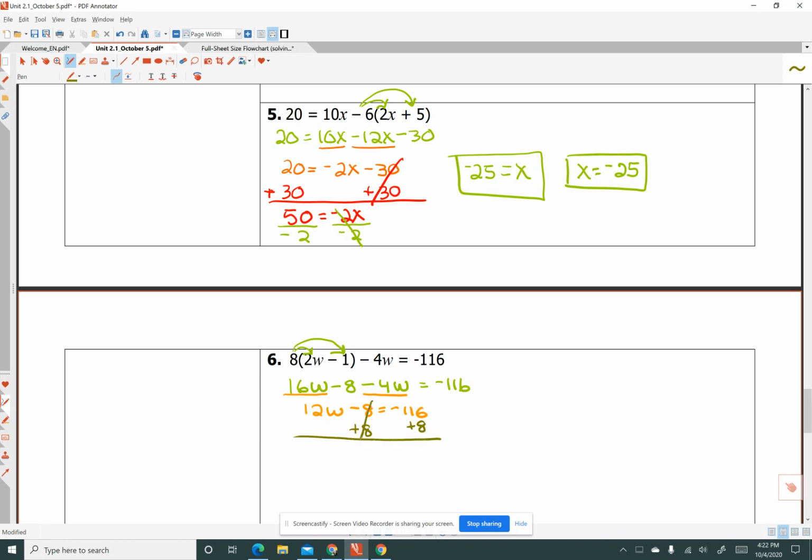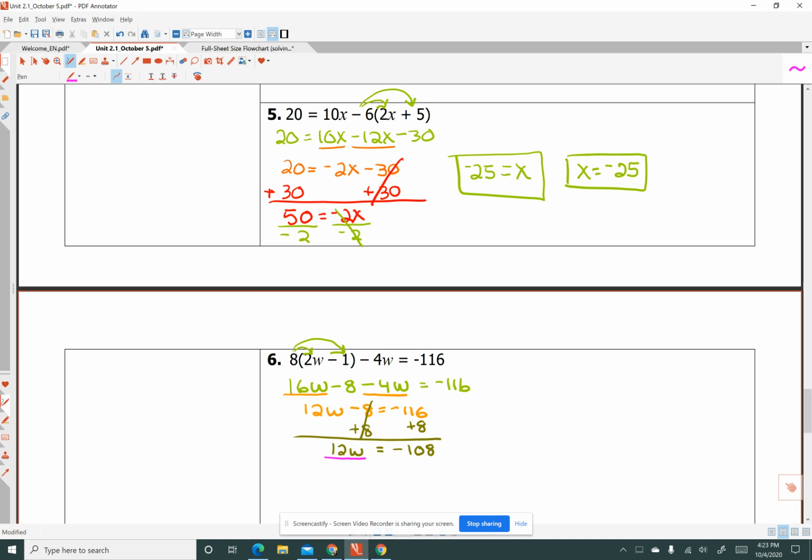-8 plus 8 combine to make 0. On the left side of the equation, we have 12w equals -116 plus 8 is -108. So now we ask that all-important question, what is happening to w? Well, w is being multiplied by 12.